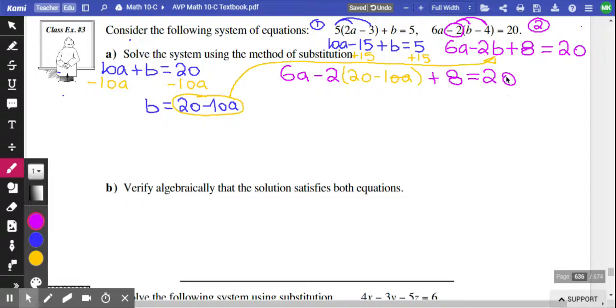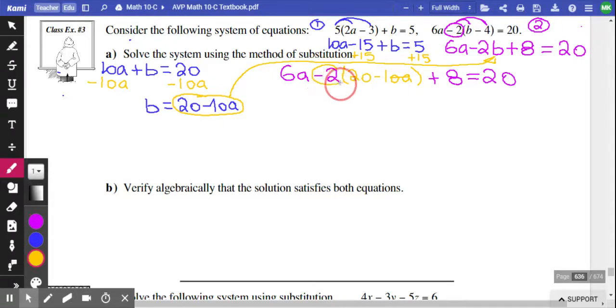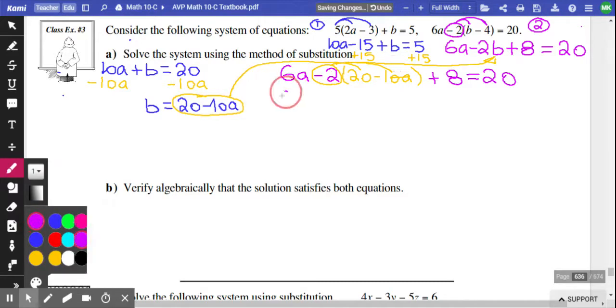After I substitute, what do I always do? Put the numbers into the brackets. We expand, right? We multiply. So for us, we're going to take the -2 and multiply it into the brackets. When I do that, that gives me 6a.